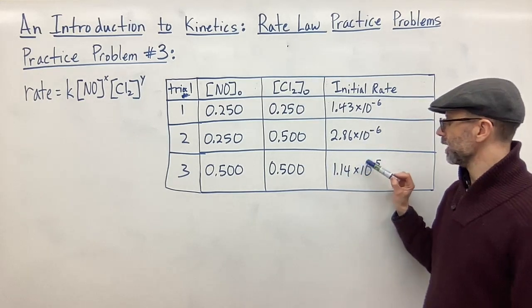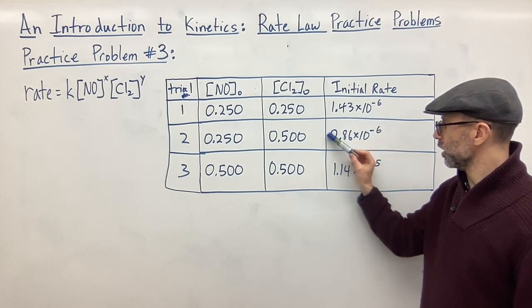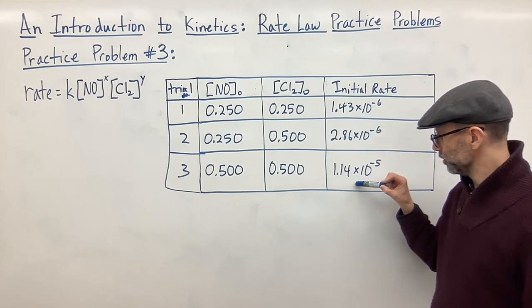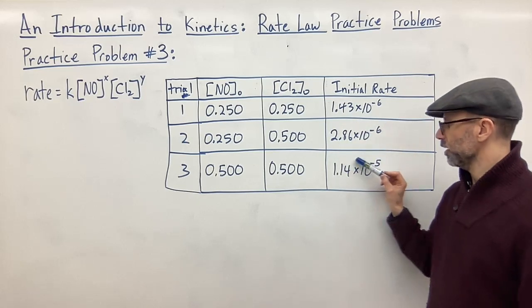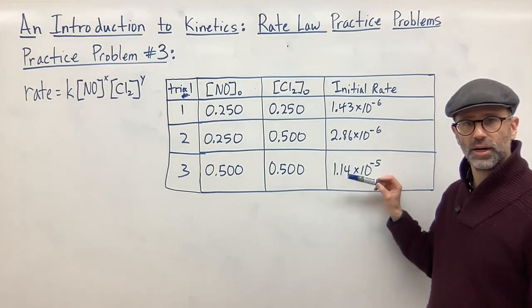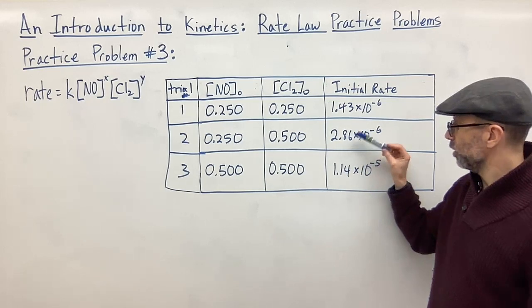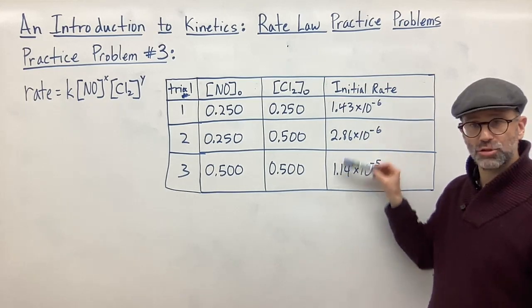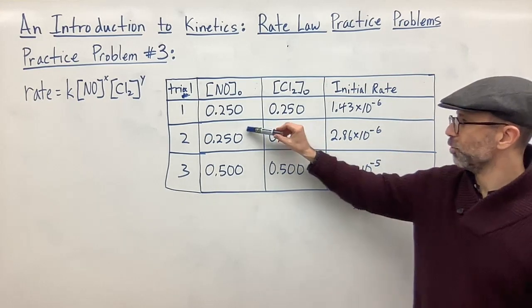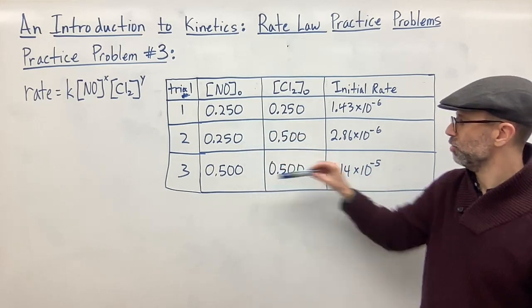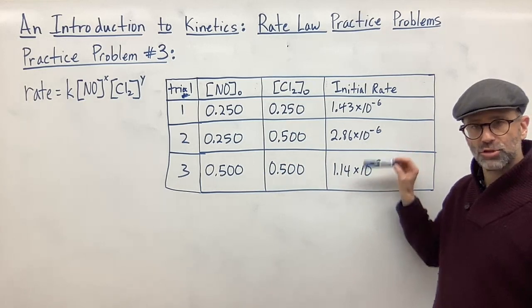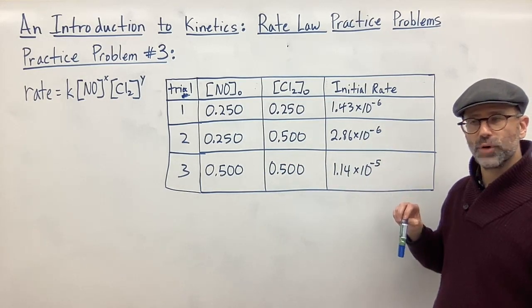If you were to take this number and divide it into the bigger number, you would get a 4 here. So this would be quadrupled. So when you double the initial concentration of NO, you quadruple the initial rate.